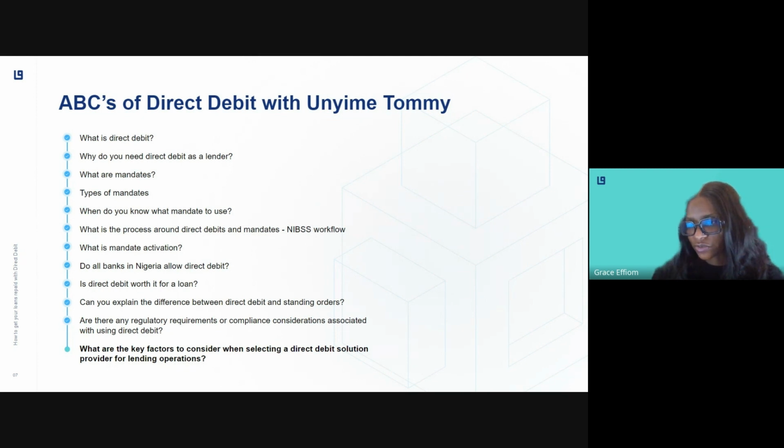I would take the next question. So what's the difference between global standing direct debits and global standing instruction if a customer is requesting a loan, and which among them is preferable? Well, for the GSI, the global standing instruction, it gives you access to all the accounts tied to the customer, which means that even an account that has not been provided using a mandate, you have access to it.